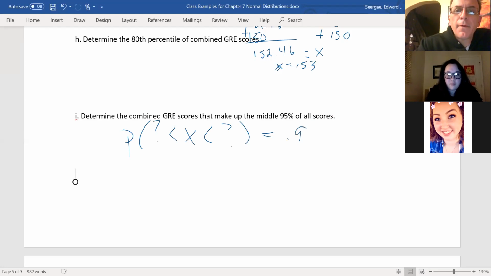What's going to make up 95% of our data? In other words, we want to find out what our 2 values are. What scores will make up the middle 95%?